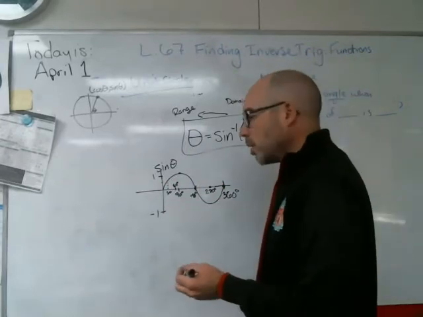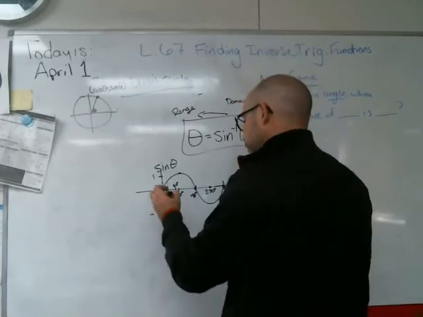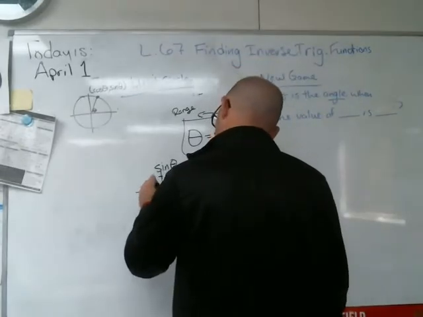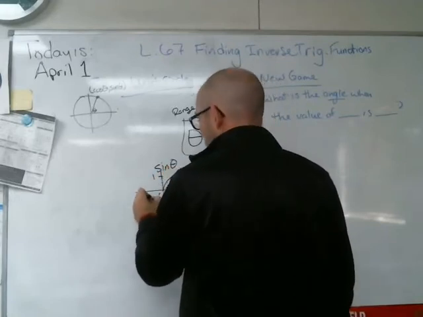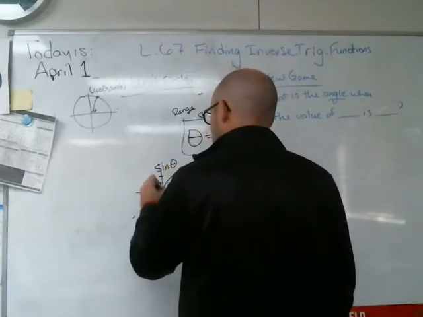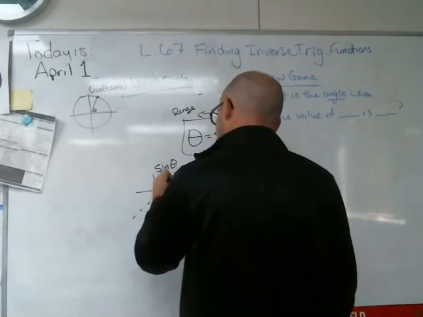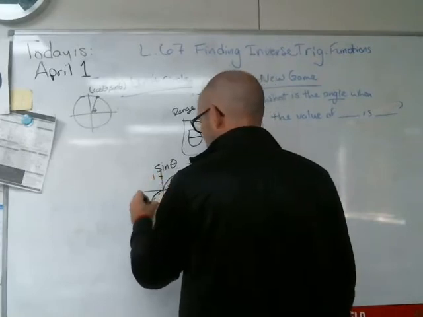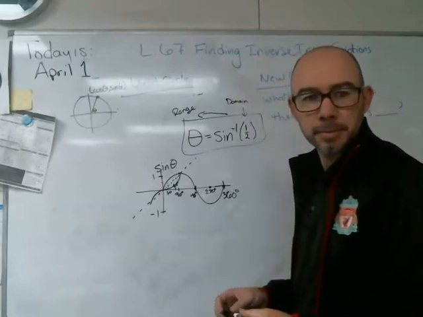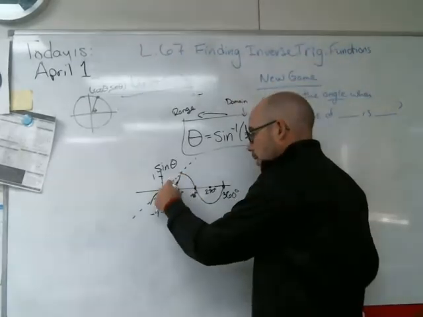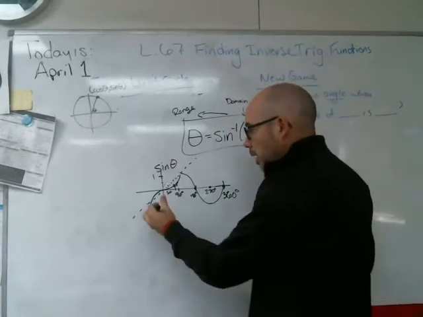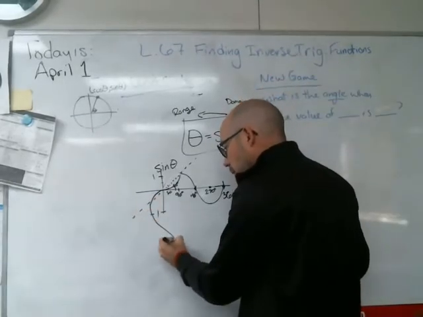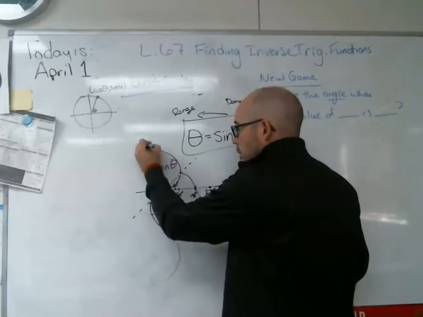Okay? Now, what would the inverse of that look like? Well, the inverse of things is when you flip it over that line right there. So it's going to look something like that. Its inverse is going to be this piece right here. And if we kept going with it, it would actually do something like this.